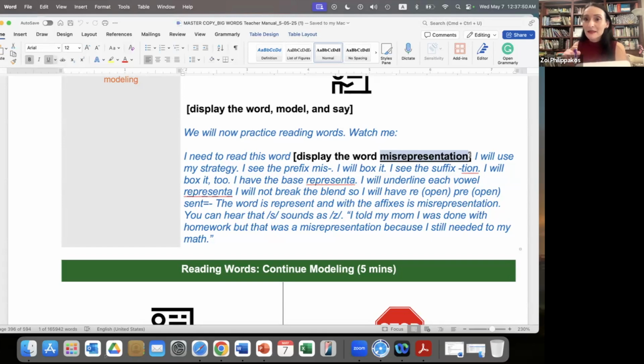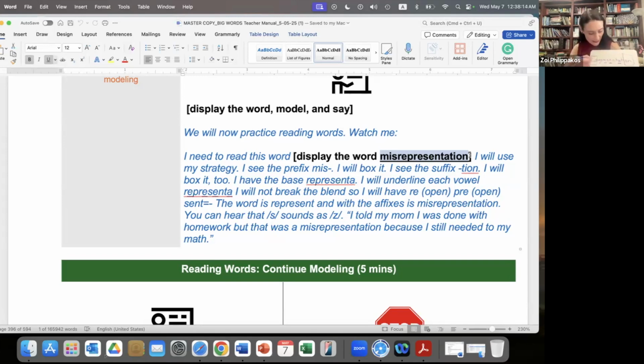I read it. But if I read "representa" or "representa," why am I modeling for the students the process? So this is the base. I will underline each vowel. I will not break the blend.